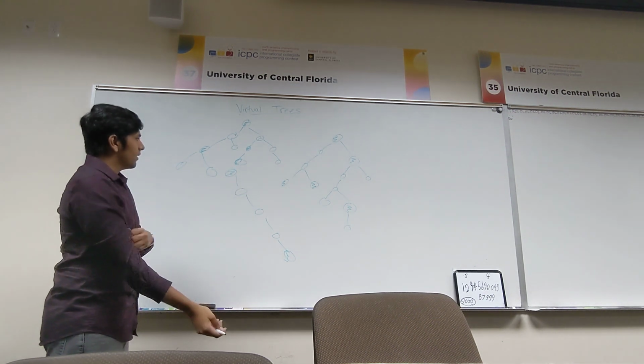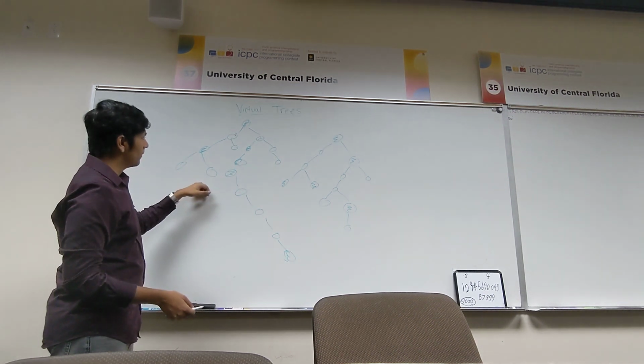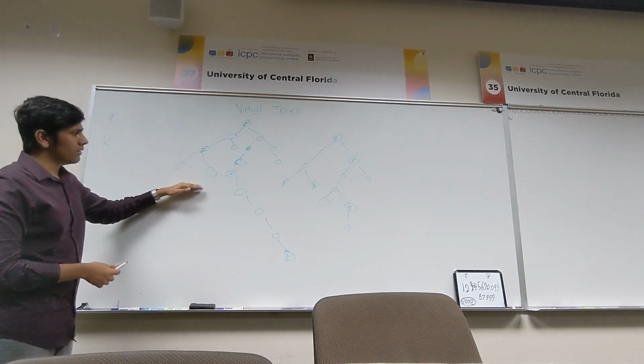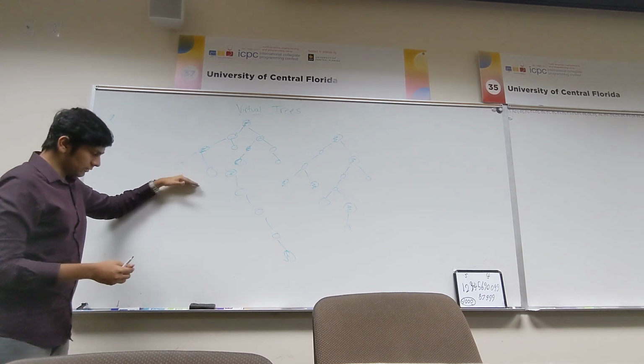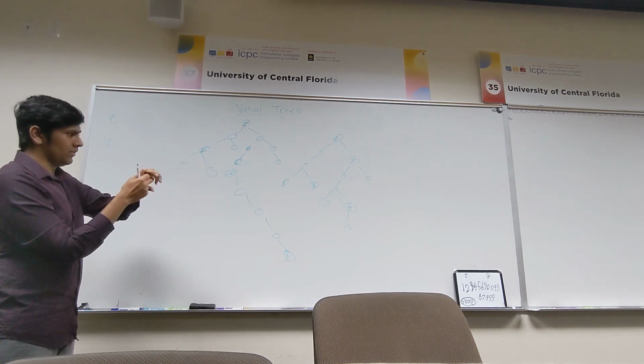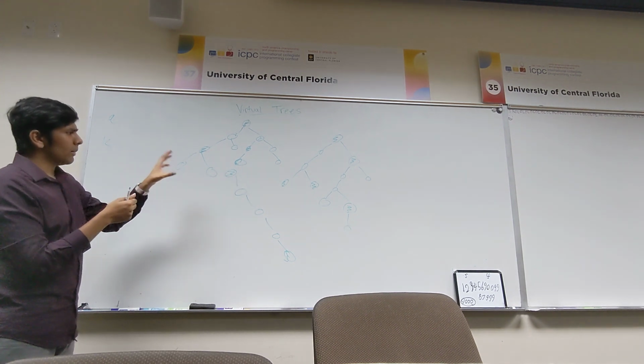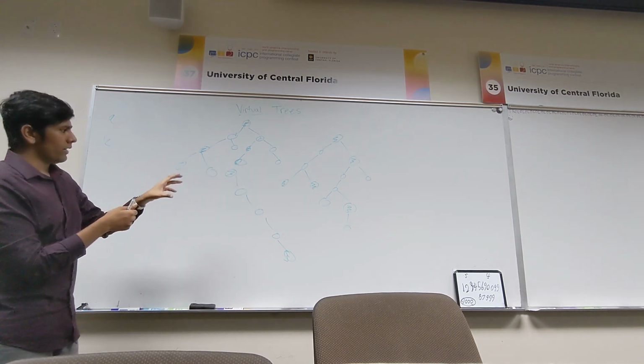A common trait of these virtual trees is that when you compress, what virtual trees are basically doing is compressing the linked list between nodes, right? But you lose some information when you compress.